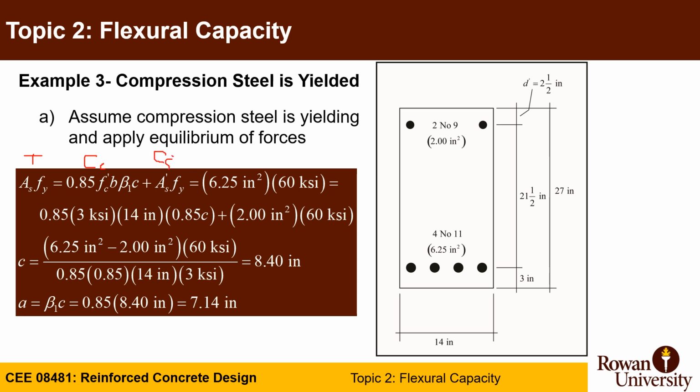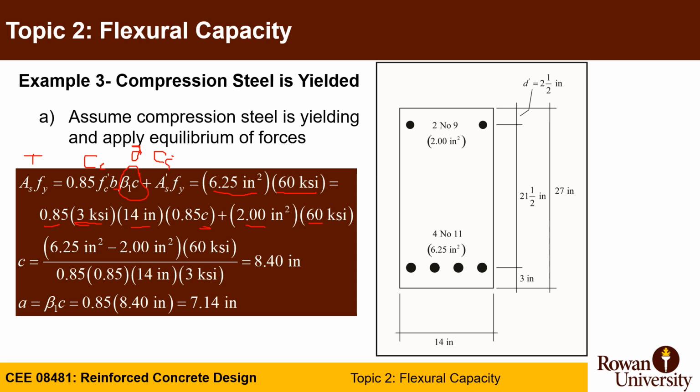Cc is 0.85 f'c a b, or you can call it beta 1 c b, because beta 1 c is equal to a. Plus As' fy. As is 6.25 inches square, fy is 60. The 0.85 is 0.85, f'c in this case was 3, b is 14, beta 1 is 0.85, c is unknown, and As' is 2 inches square, fy is equal to 60.